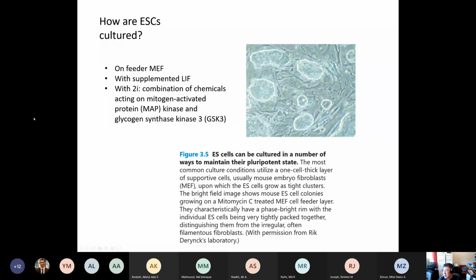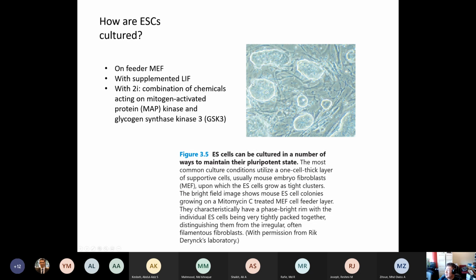Now I give you the look of the embryonic stem cell. You see those cells of elongated shape. Those are the so-called mouse embryonic fibroblasts. The fibroblasts serve as a feeder layer. When the embryonic stem cells are in culture on top of these feeders, they form this very unique morphology.